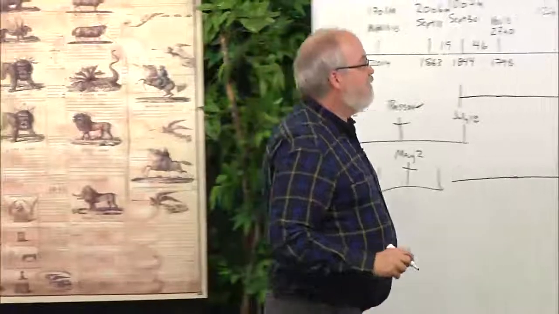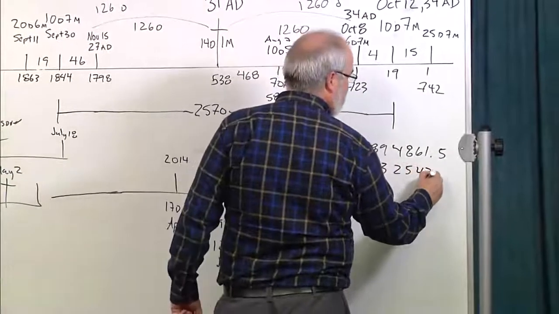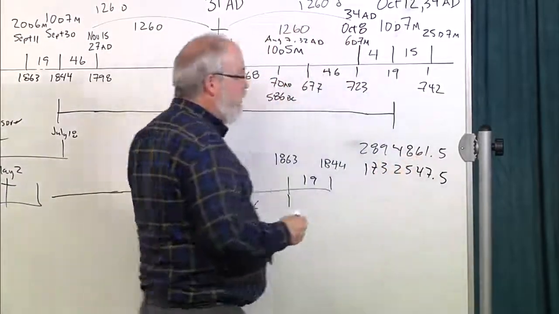Yeah, 2547.5. And then I would subtract those. So I'm just showing you what he did and why I don't think it really makes much sense, but it's what he did. So I'm going to take 2894861 minus 1732547.